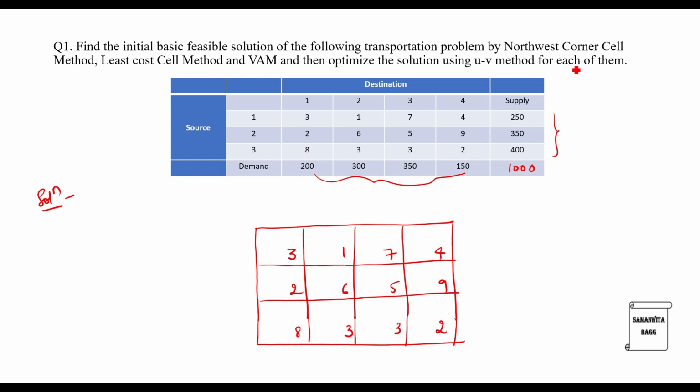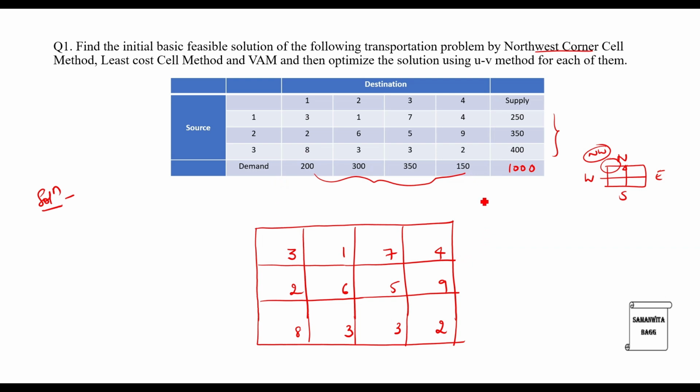Now, what is the meaning of northwest corner cell? When you see the directions, you will see that if this is north, this is south, this side is east, this side is west. This zone over here is the northwest, and when I place a cell, this corner of the cell is always going to be the northwest corner. When we talk about this cell, this is the northwest corner. Even when you talk about this entire block, this end or this side will always remain the northwest side.